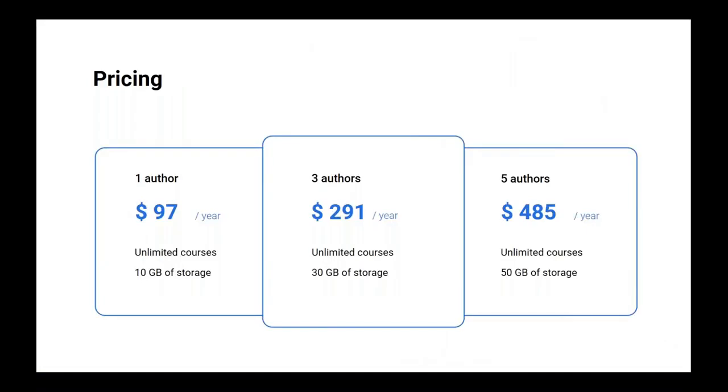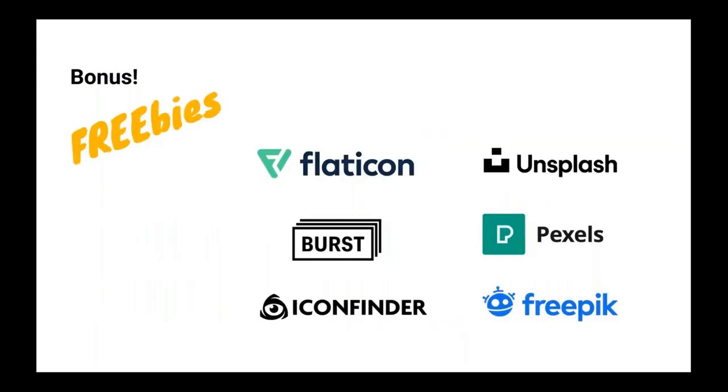And now it's time for the bonus part that we promised in the beginning. As you remember, I used some images in my course, and now I will be happy to share some of the websites that I personally like to use to get pictures for my projects. Here are some of them.